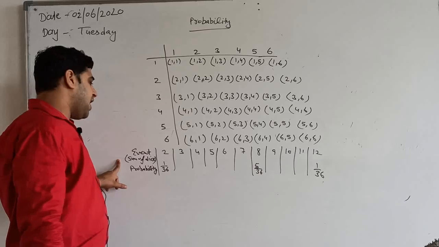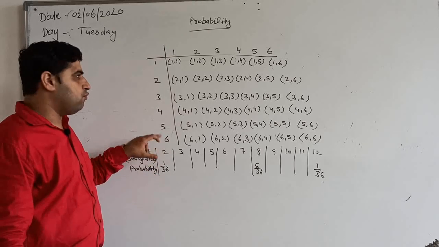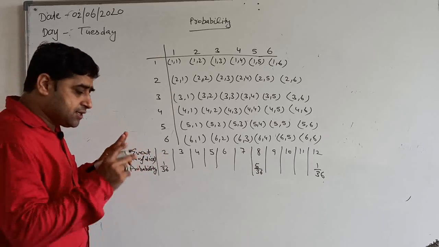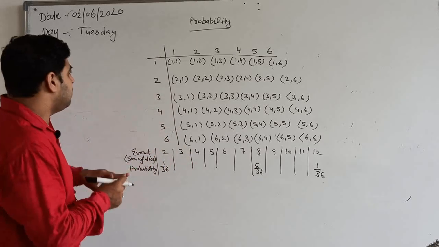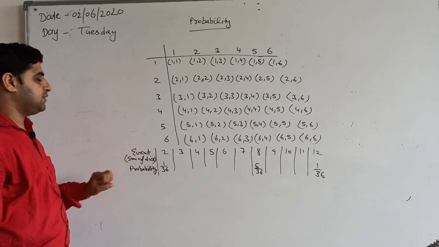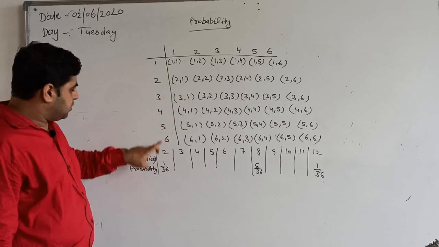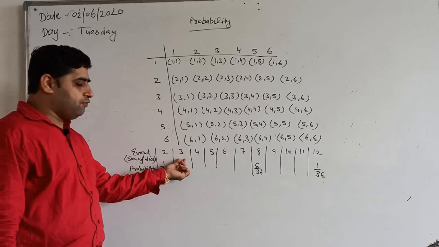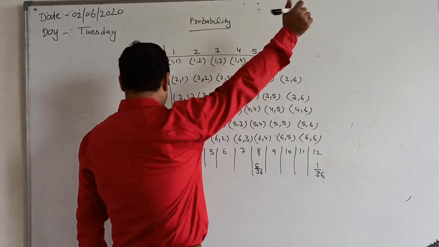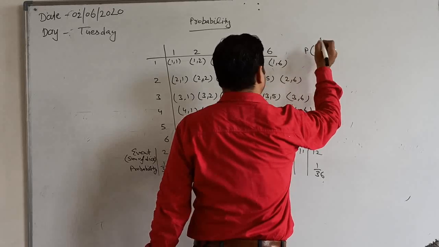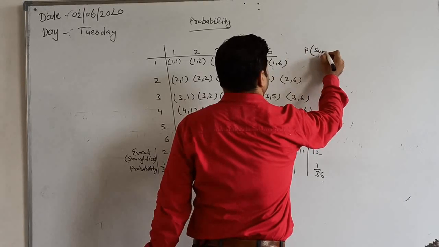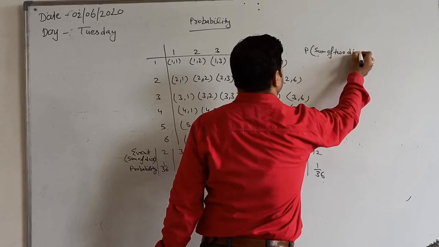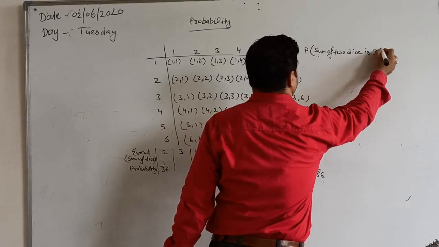The sum of the two dice will come out 2. When we throw a dice, the sum of the two dice coming out 2 has only one possibility. So here 1 by 36. Now for 3: the sum of two dice is 3.